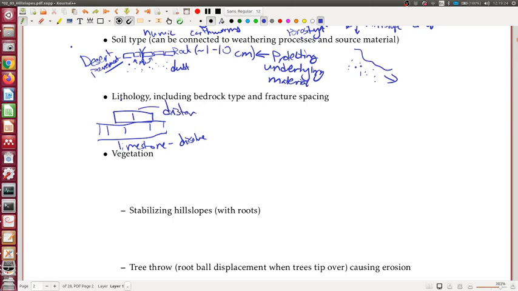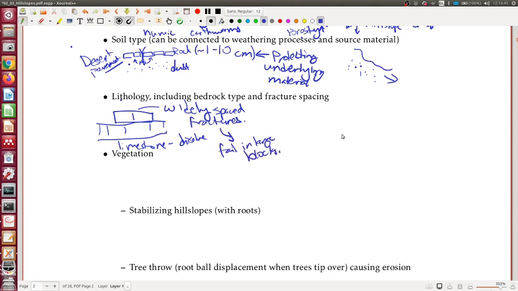I'll just write widely spaced fractures, it's going to be easier to understand. And so that makes it more likely to fail in large blocks.